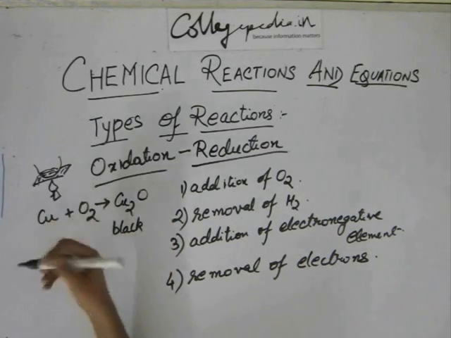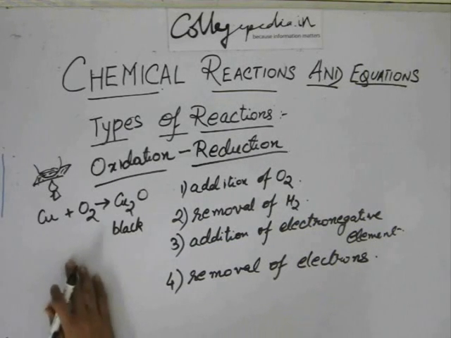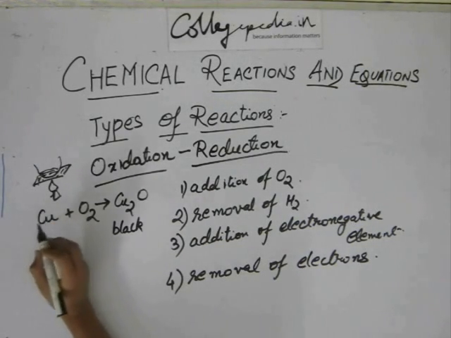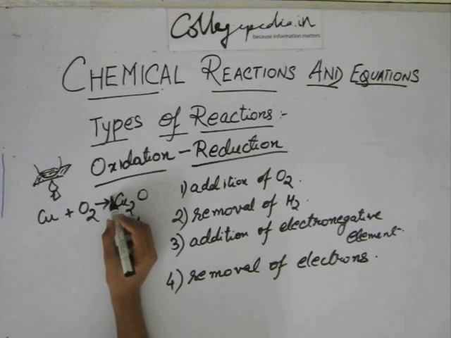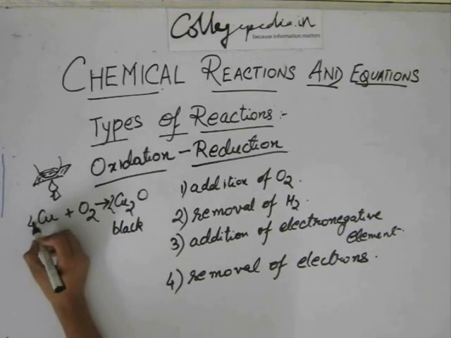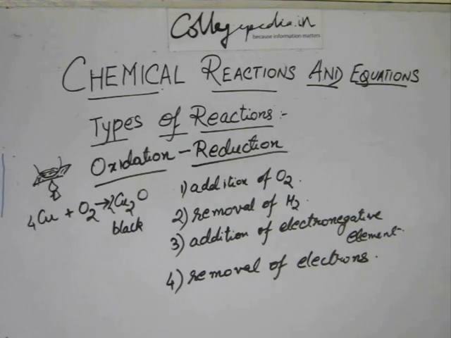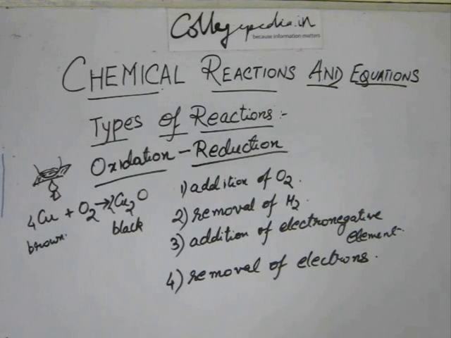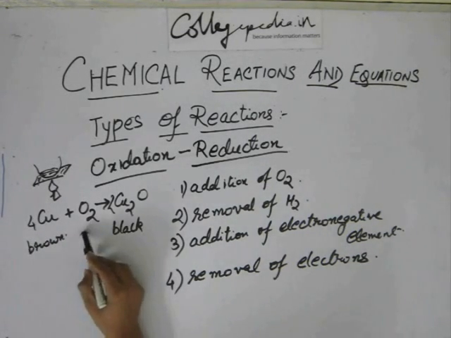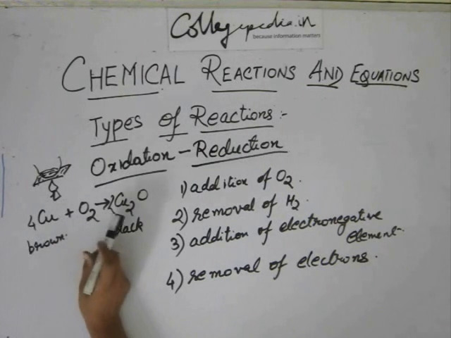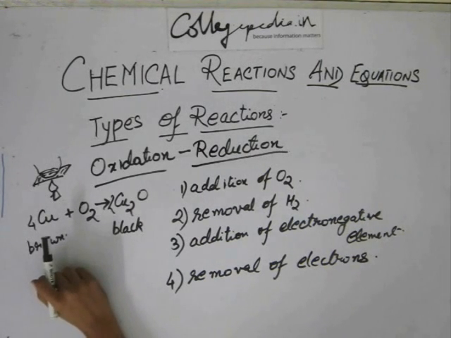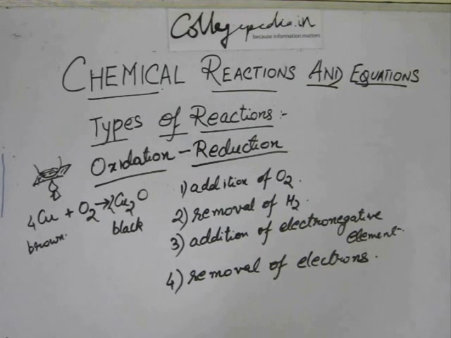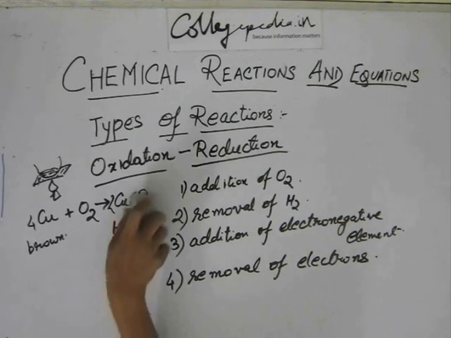So the brown color will change to black, and the reaction is this, and the balancing is this. In this reaction, oxygen is getting added to copper and it's forming copper oxide. So this is your oxidation.